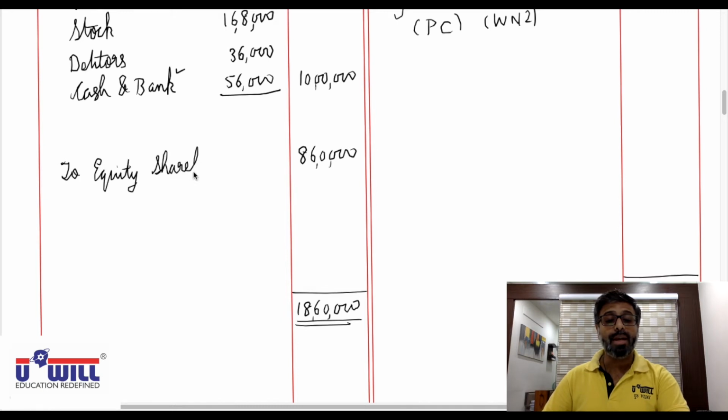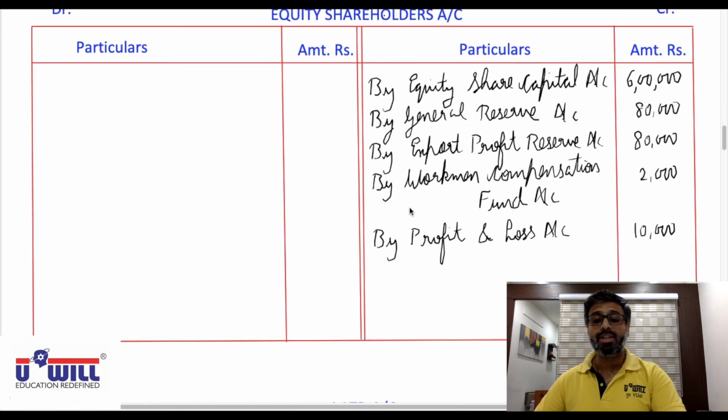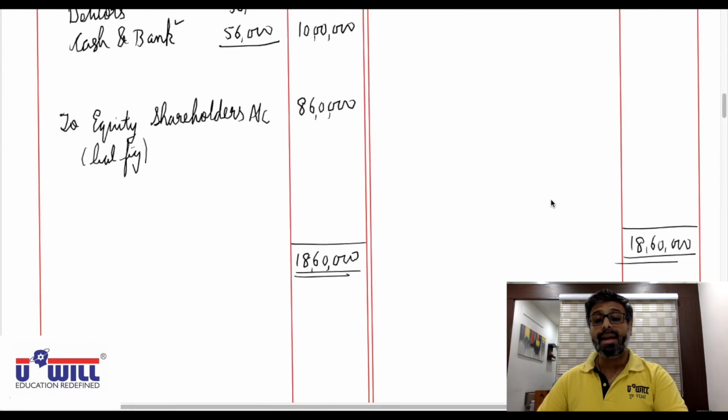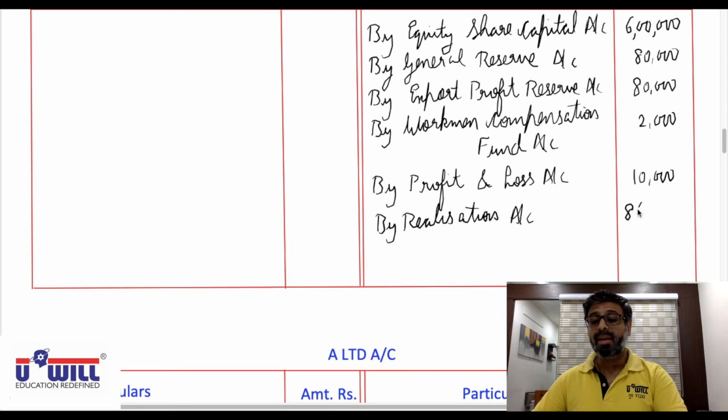In bracket, balancing figure, and of course it's a profit. Opposite side in equity shareholders account, by realization account 8,60,000.